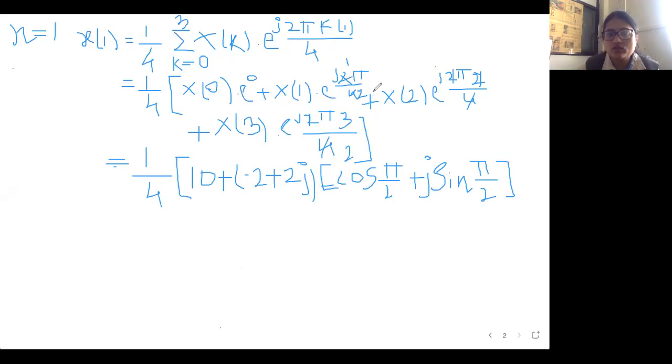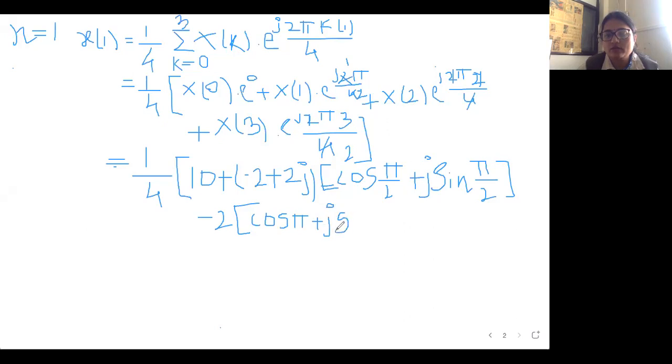Next, what is x of 2? X of 2 is minus 2 multiplied by e raised to j pi. So we'll substitute here. What is e raised to j pi? Again, we will write this angular part as cos pi, and here the sign is plus, so we cannot give minus, so it is plus j sin pi, right?